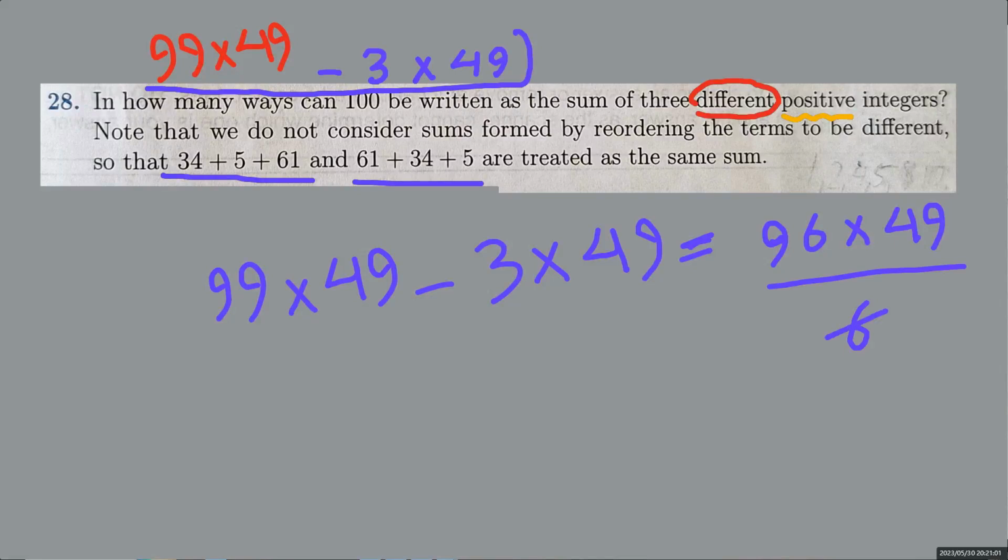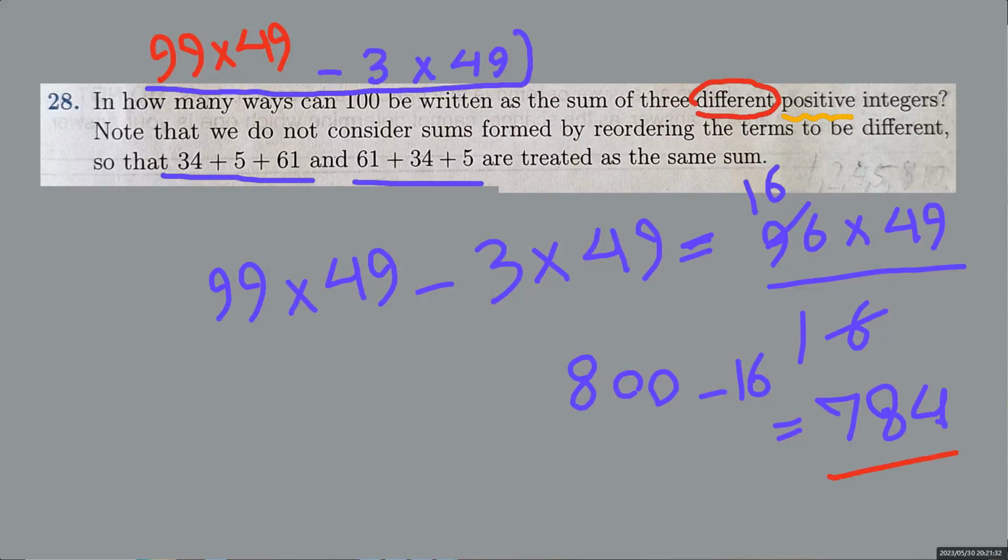So this one by this one would be 16. So the answer will be 49 times 16. 50 times 16 is 800, minus 16 is going to be 784. Okay, so this would be the final answer.